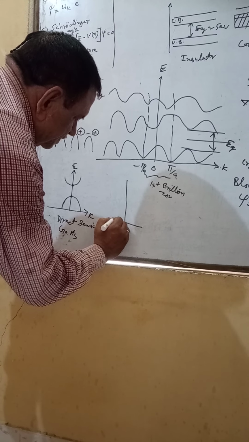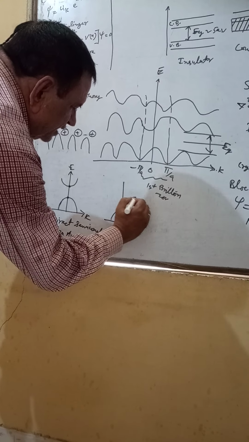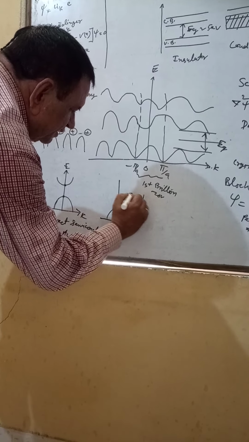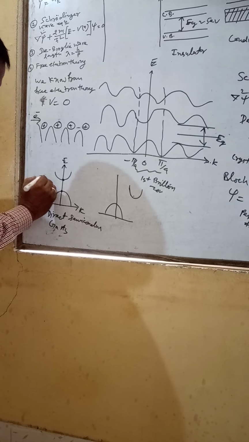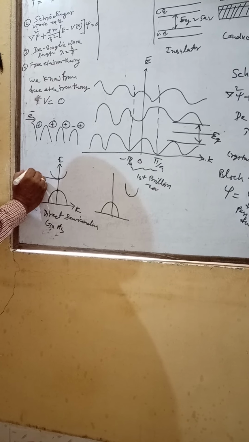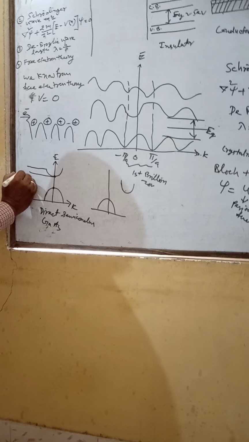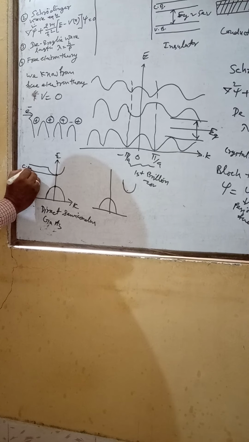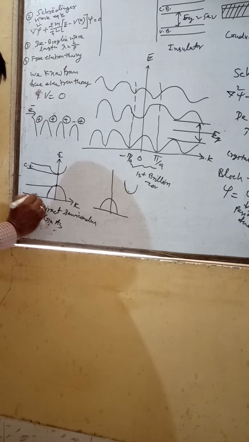And if it does not coincide, this is your valence band and this is your conduction band structure. This is the minimum of the conduction band and this is the maximum of the valence band.